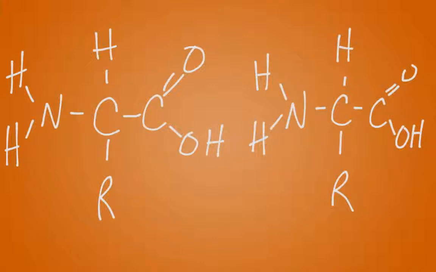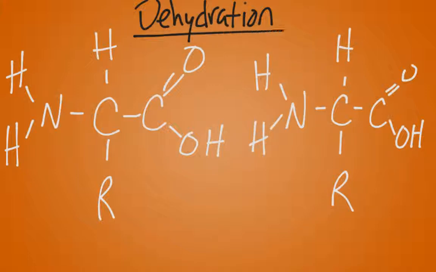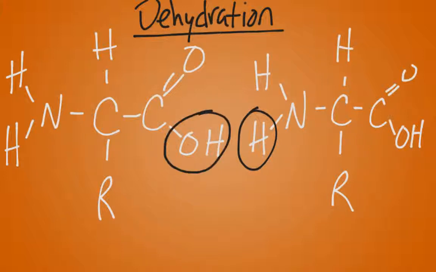And as we said, dehydration synthesis is going to involve the removal of water. And where we find that water is right here. Here we have a hydrogen, and here we have an OH, or a hydroxyl group. Those are going to combine, and they're going to come away from these molecules in the form of H2O.